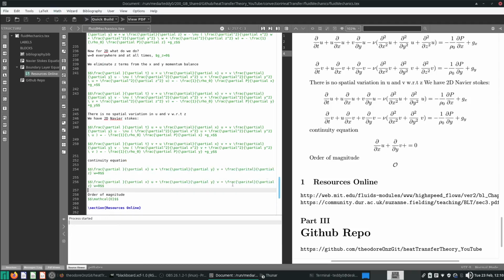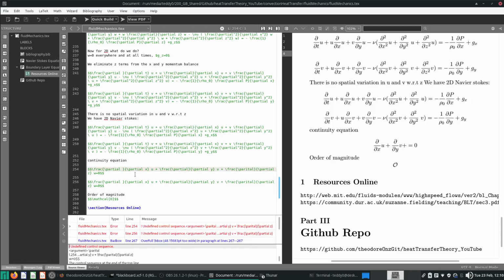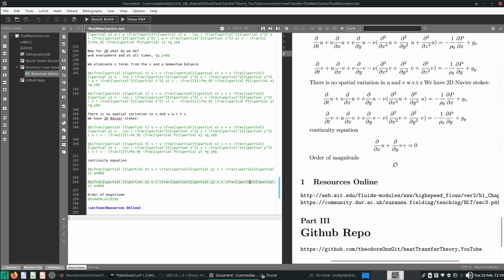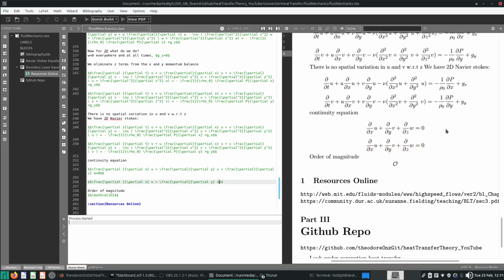Apparently I had a syntax error somewhere. I spelled partial wrongly. And the second one, I want to get rid of the w because w is 0 everywhere.